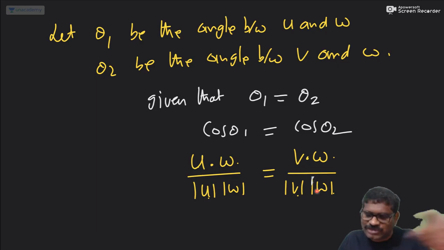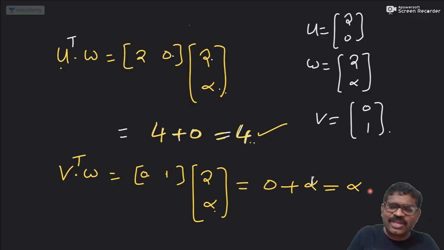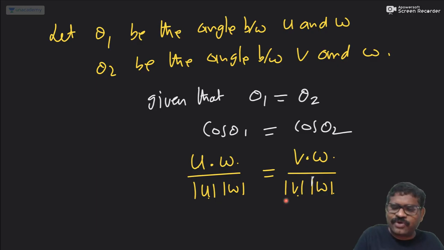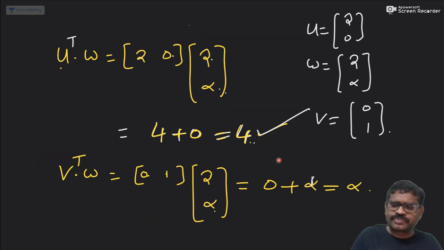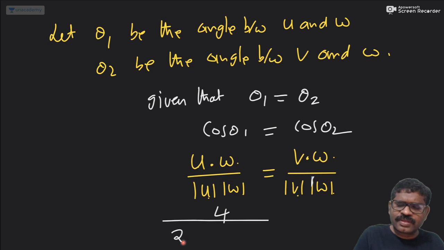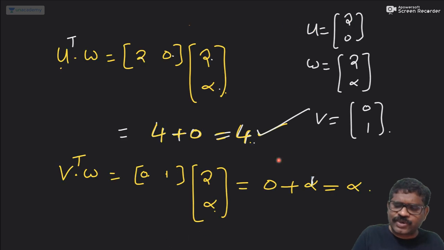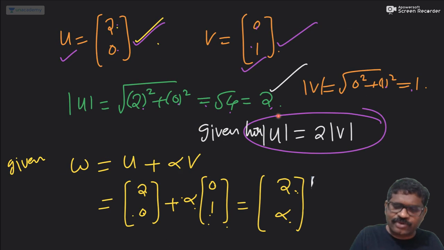Now I have to substitute here. U bar dot W is 4 by mod U bar. I have calculated here. What is mod U? 2. What is mod W? I have not calculated. I have to calculate.